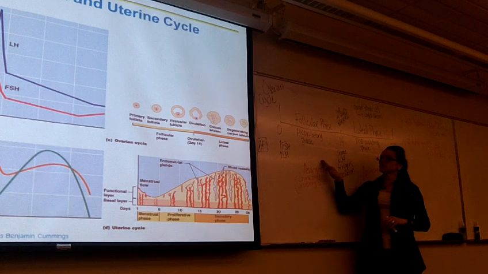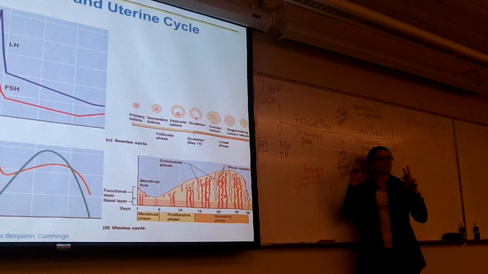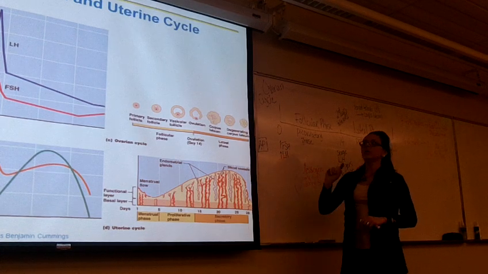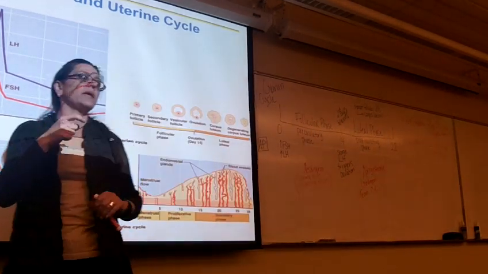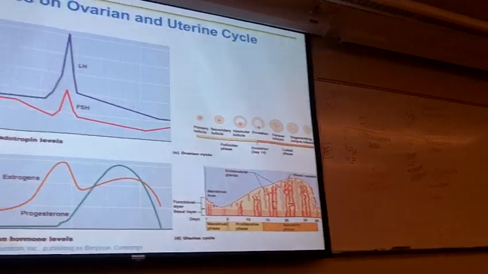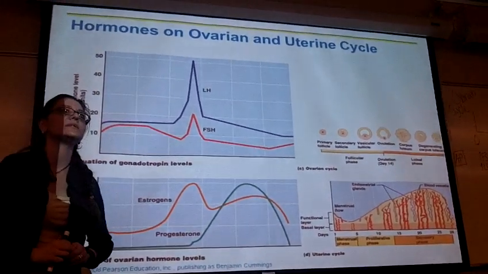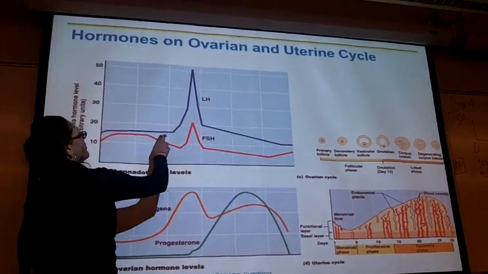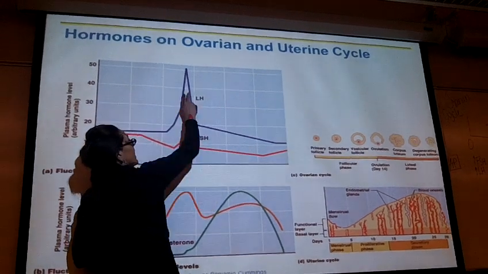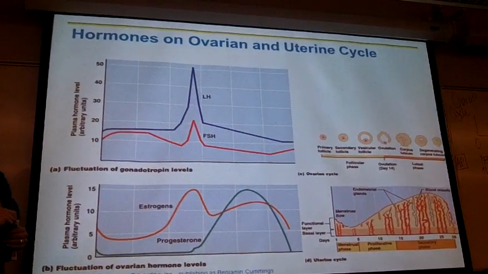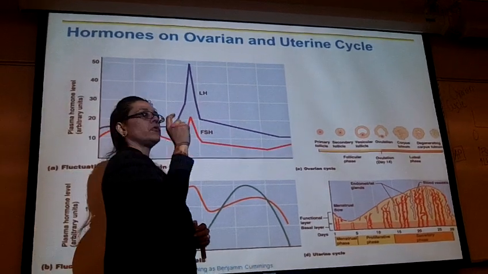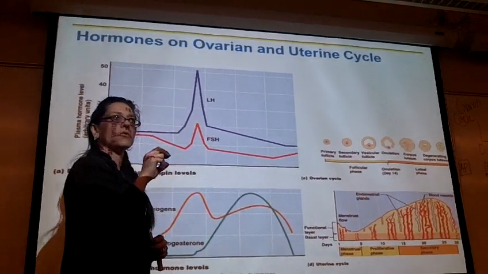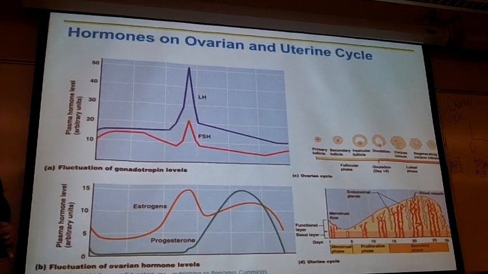Once estrogen reaches a certain value, this kind of threshold value, then it's going to actually excite the hypothalamus and the anterior pituitary and cause the anterior pituitary to release a surge of FSH and LH, and that's what triggers ovulation. So estrogen is inhibitory to the hypothalamus and the anterior pituitary to a point.